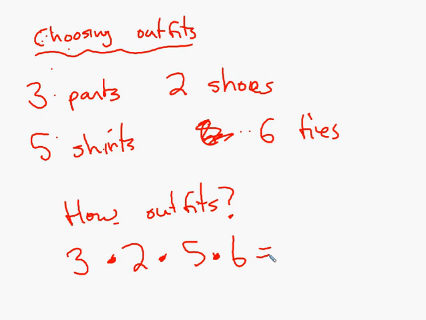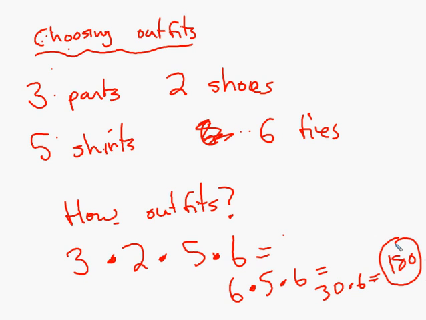So we could do the multiplication way. So we have then 6 times 5 times 6. So that would be 30 times 6, which is 180 possible ways. So you can see why we wouldn't have wanted to do a table or the listing for all those, because that would be 180. Yes. We don't have enough paper.